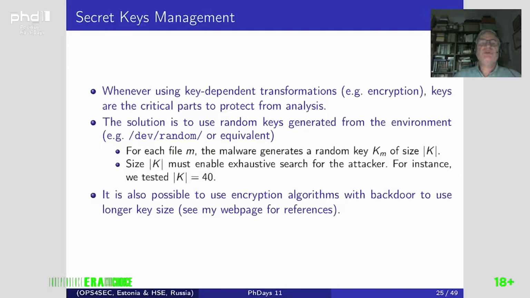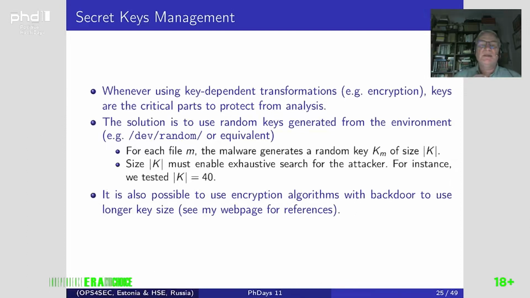For security management, if you use a key-dependent transformation, for example encryption or statistical profile mimicking, you have to protect the key. Just suppose once again that the malware will be analyzed. So the solution we have developed is to use random keys generated from the environment.